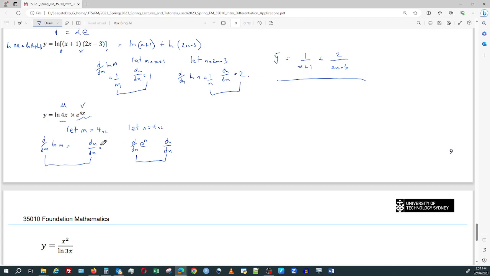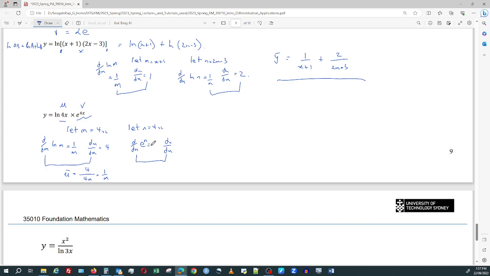So we end up with, what's the differential of the ln of m? It's 1 over m. And this one's 4. So it's 4 over m. So u dash is equal to 4 over 4x, which is 1 over x.